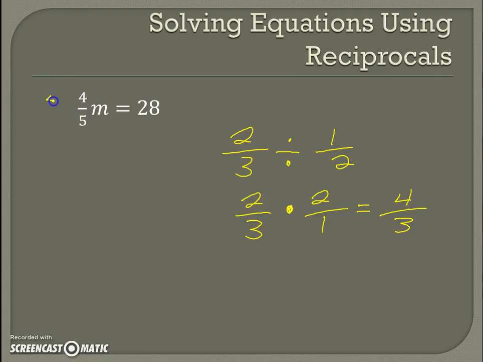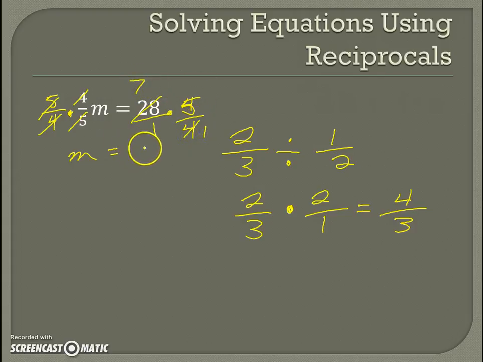We approach this the same way, but we kind of skip some of those middle steps. I know that I'm going to have to divide both sides by 4/5, but that is the same thing as multiplying by 5/4. So over here, the 5s simplify, the 4s simplify, and I'm left with m. Over here, I'm multiplying. You could do a little bit of simplifying before doing that.